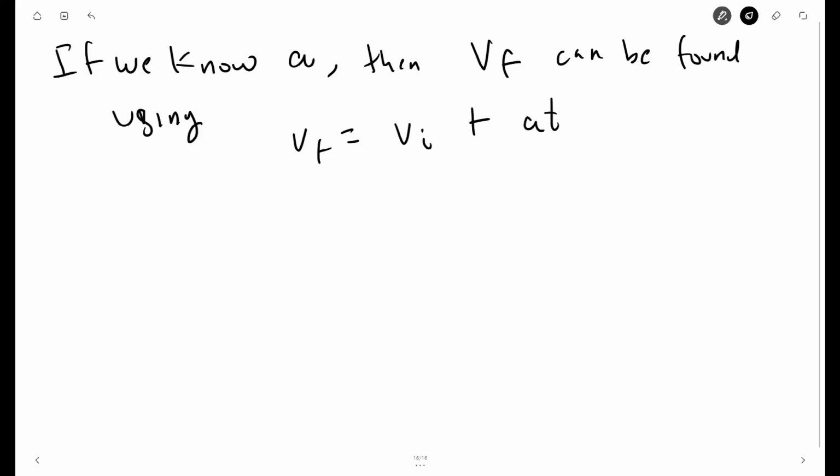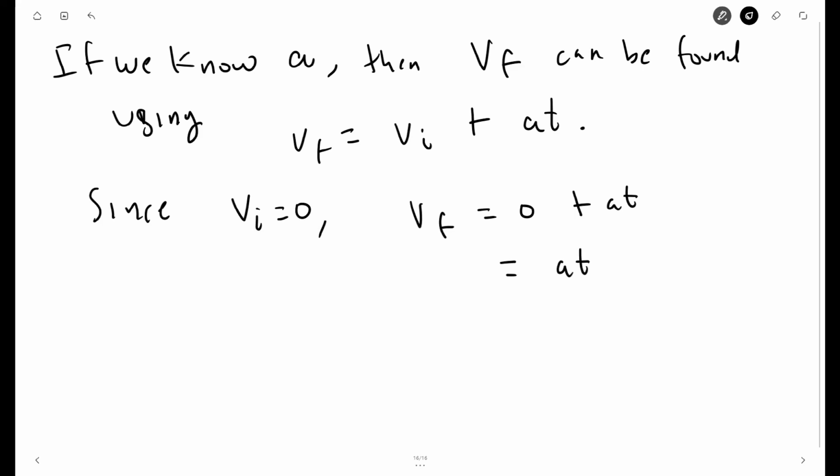Since the initial velocity was 0, v initial is equal to 0, then v final would plug in 0 here. That would be 0 plus a t, and that's equal to a t. That means that v final, final velocity, is equal to acceleration times time.